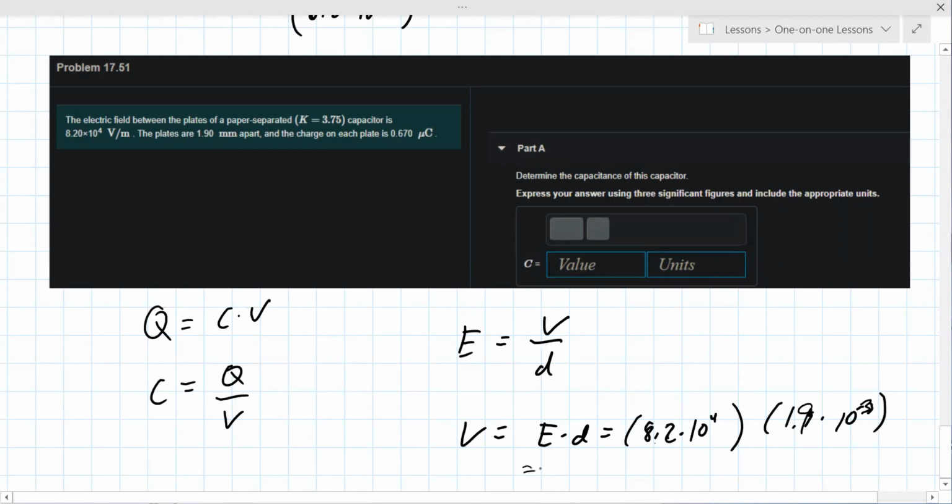So let me get this intermediate value for V. All right, so it's about 156, which is reasonable.